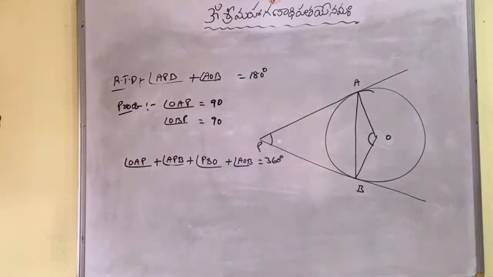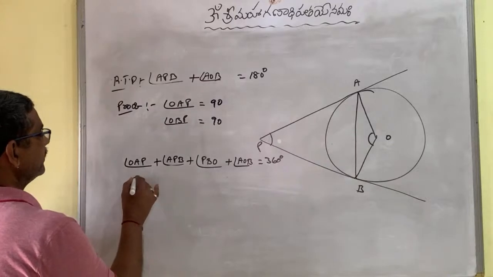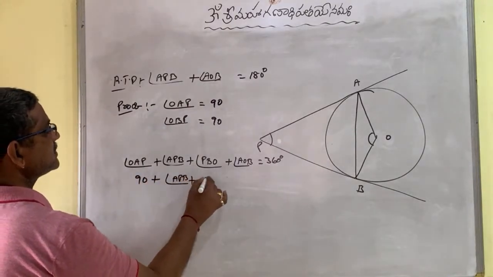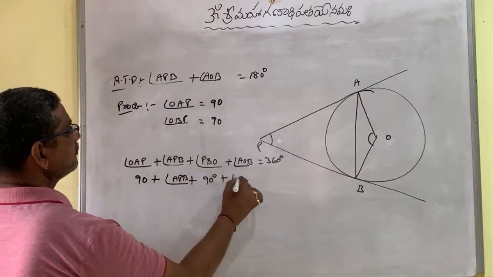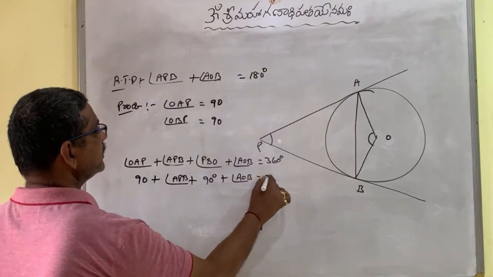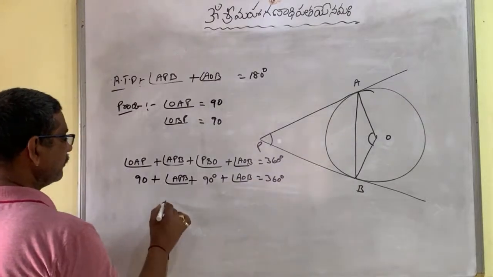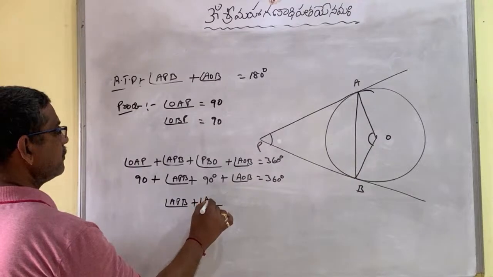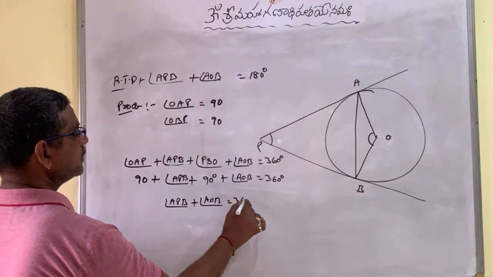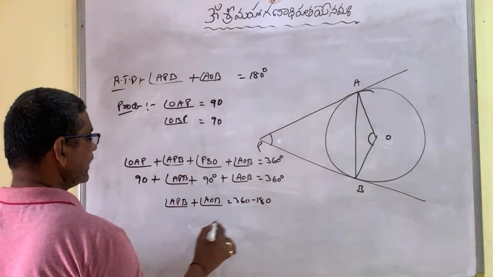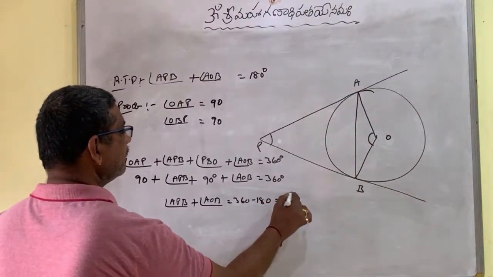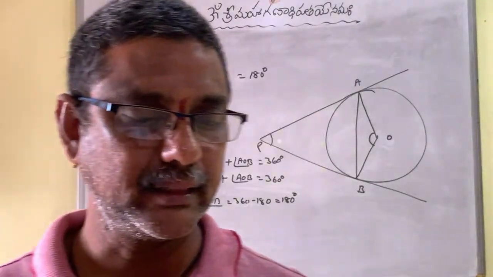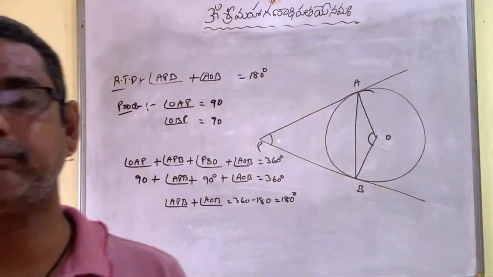Now substitute: angle OAP 90 plus APB plus 90 plus AOB is 360. Now APB plus AOB is equal to 360 minus 180, which is 180 degrees.